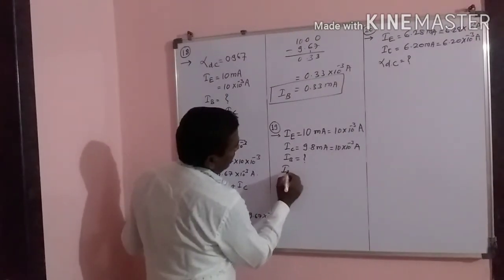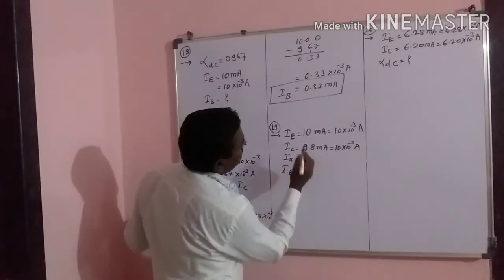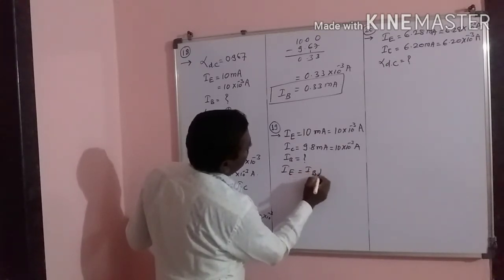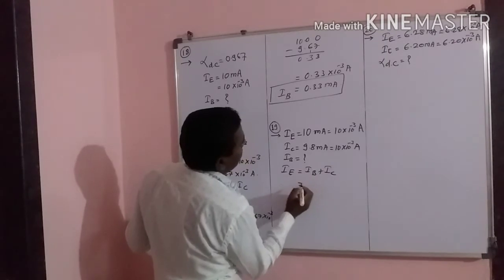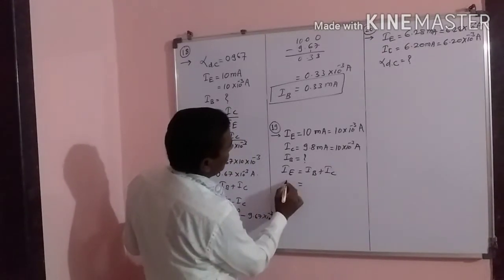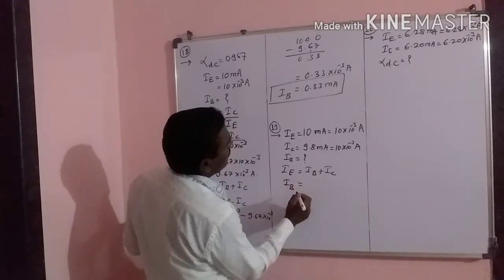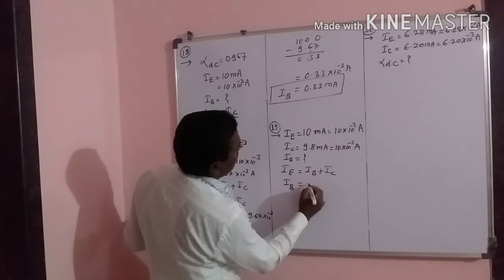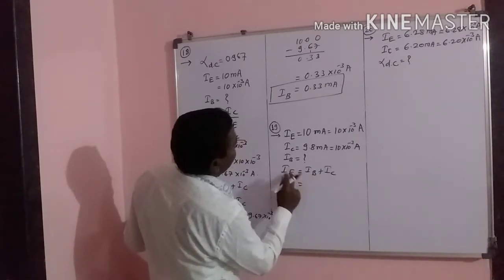We know that the emitter current is the addition of IB plus IC, so IB is equal to IE minus IC. How much is IE?